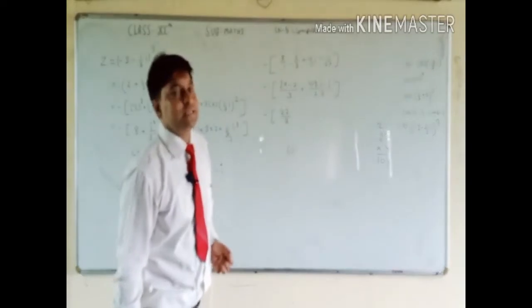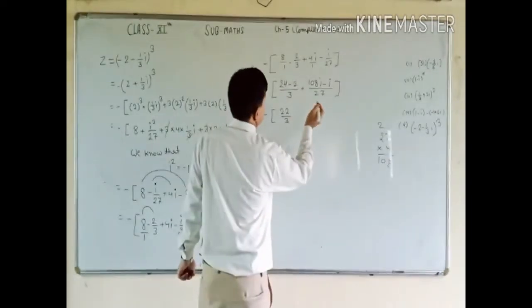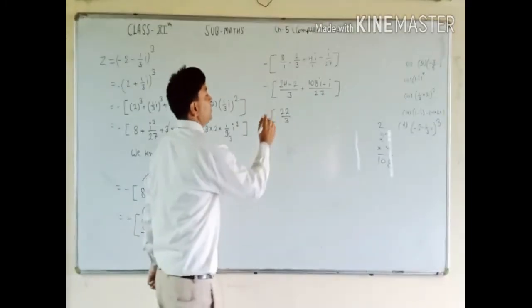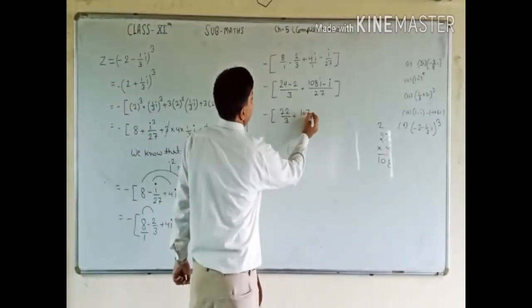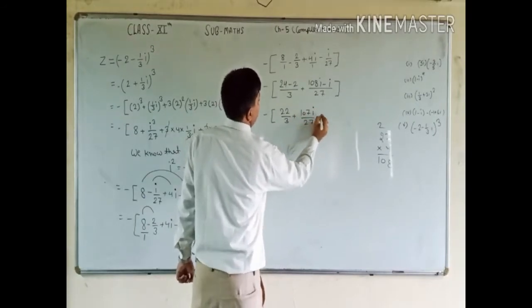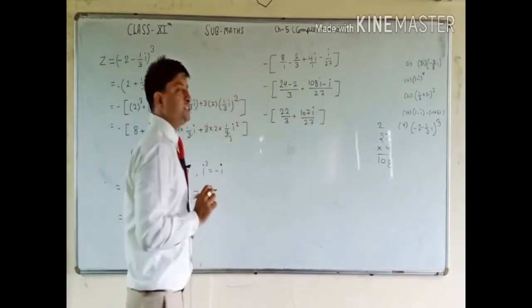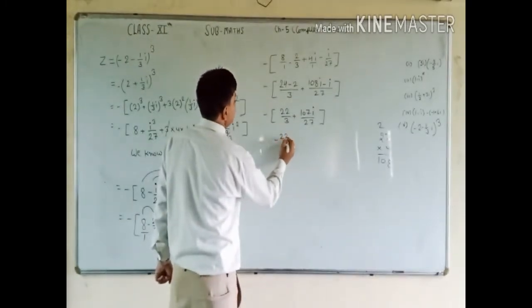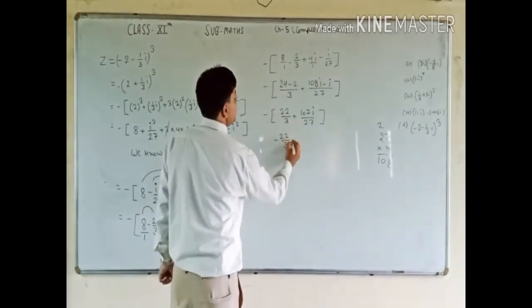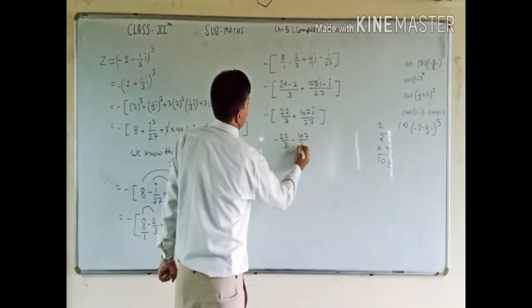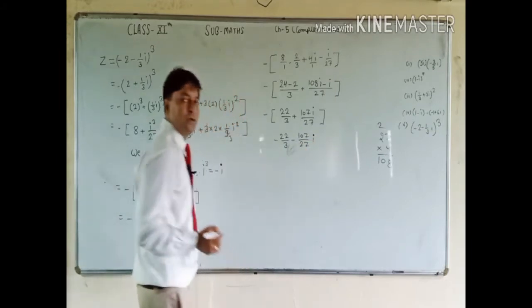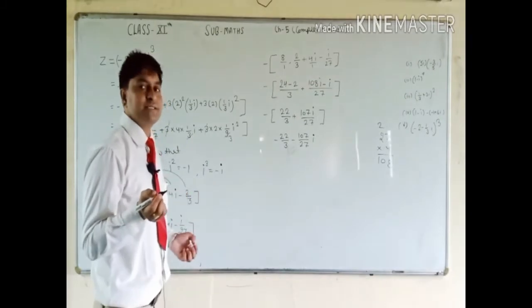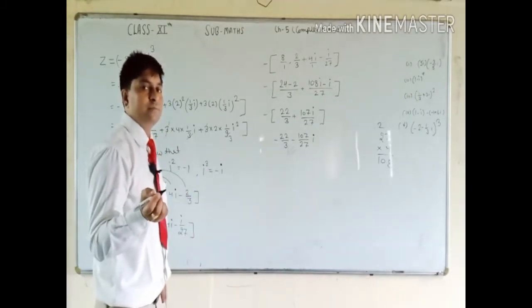108 minus 1 is equal to 107. Minus plus minus, but bigger number is positive. So this is 107 iota upon 27. Okay sir, now change the sign. This is plus minus minus 22 upon 3 and plus minus minus 107 upon 27 iota. Okay students, this is very important question of exercise 5.1.